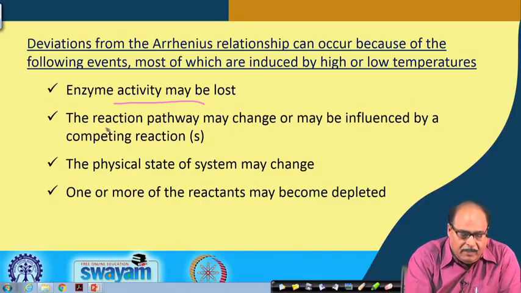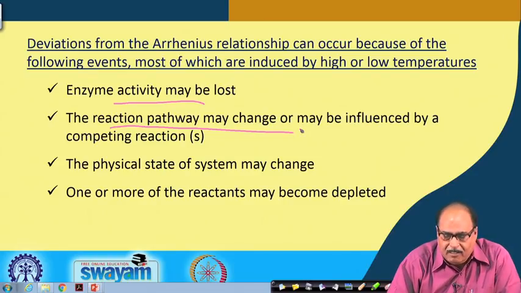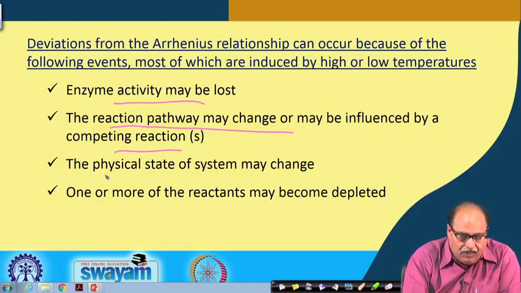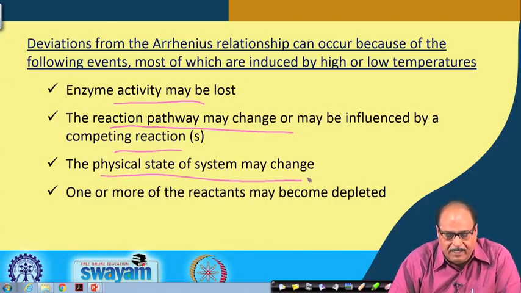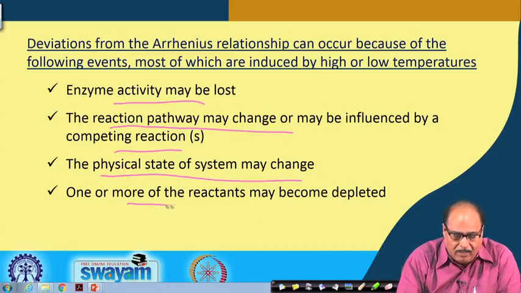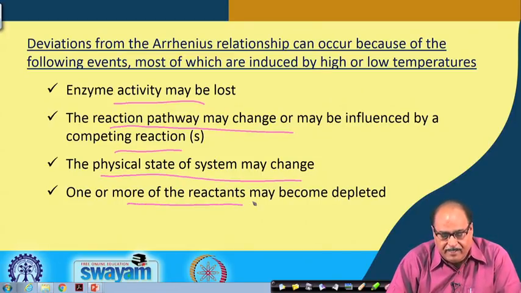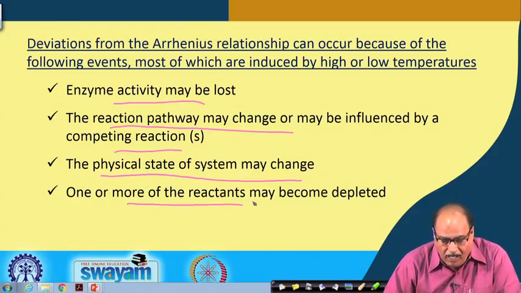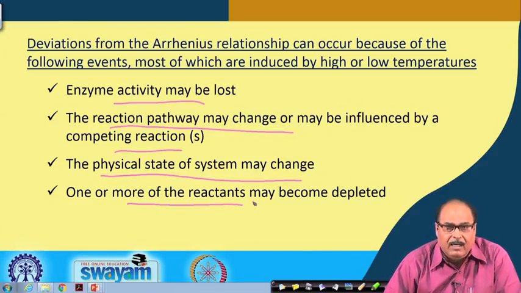There may be deviation in the reaction pathway, which might be influenced by competing reactions. The physical state of the system may change, and one or more of the reactants may become depleted. All these factors, together or individually, influence that relationship.